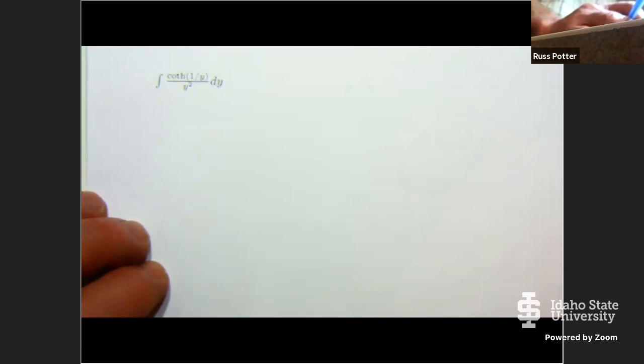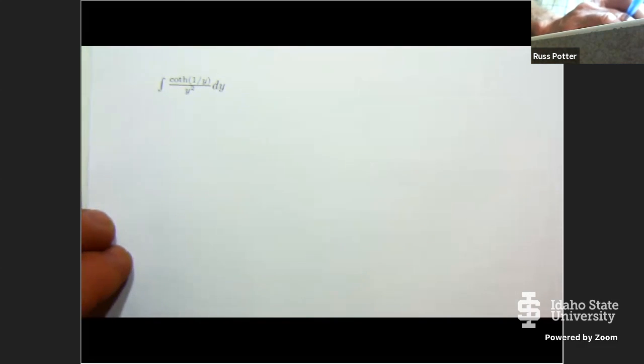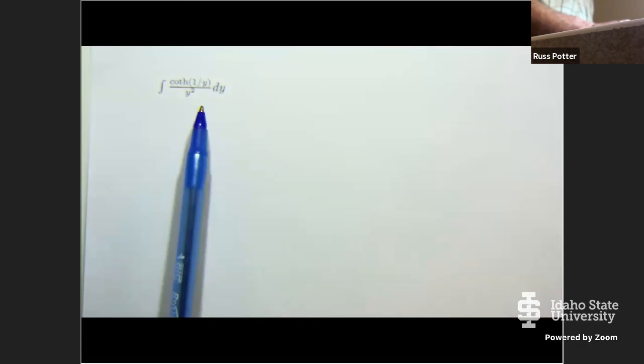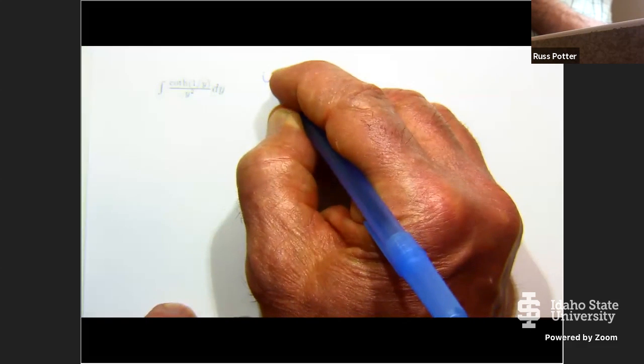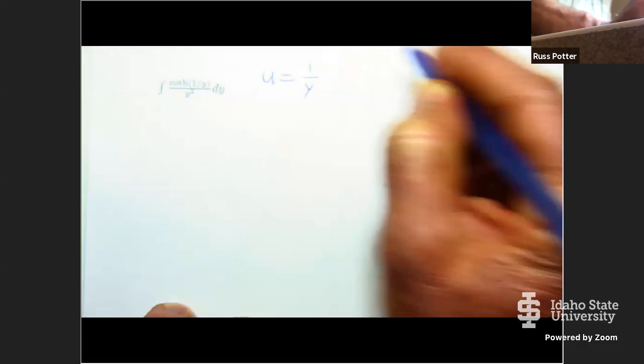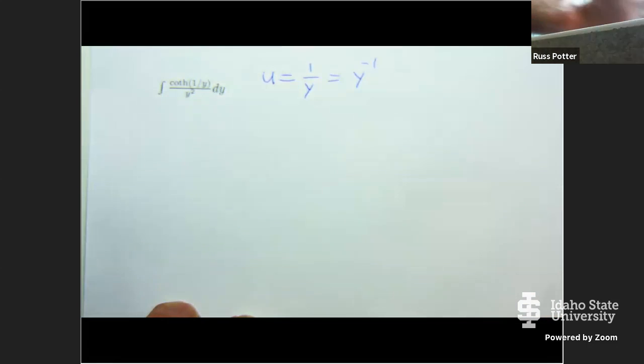So I think, well, it's my belief, I'm just surmising, I think that what the author of the textbook means by an obvious substitution is you can have 1 over y, like hyperbolic cotangent of 1 over y. An obvious substitution is u equals 1 over y, which is y to the negative 1.